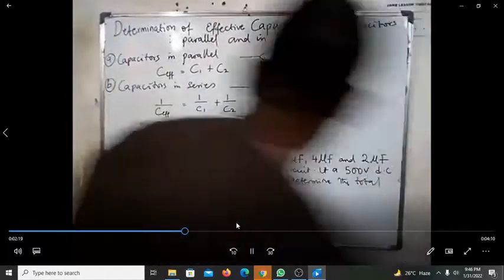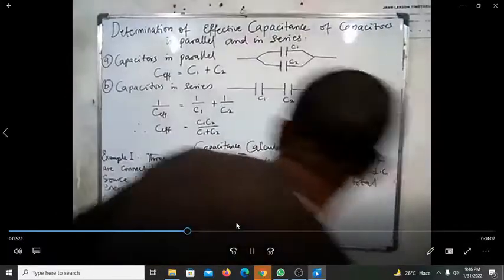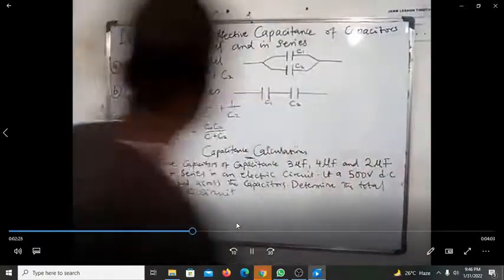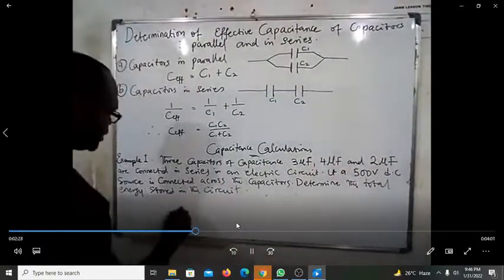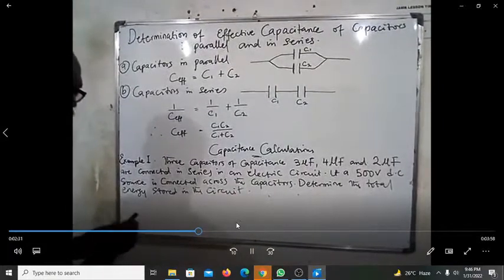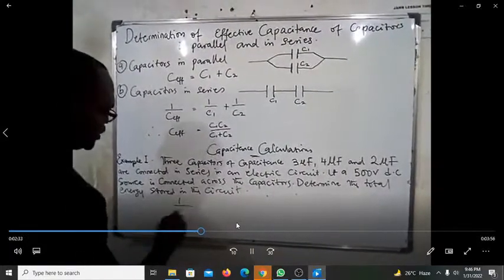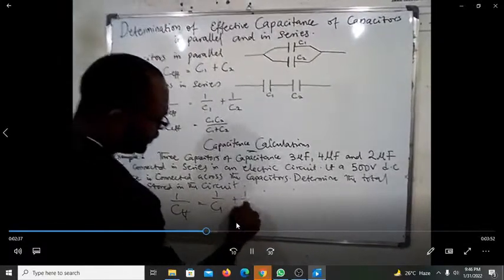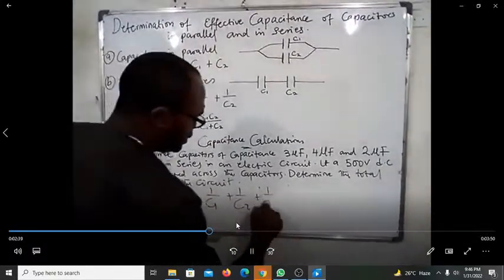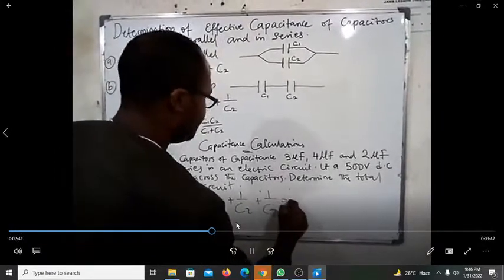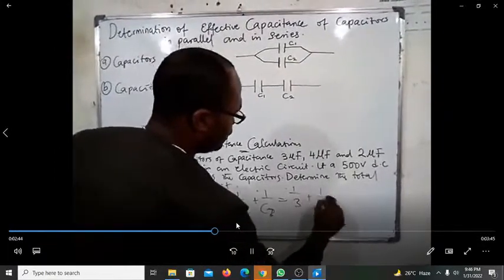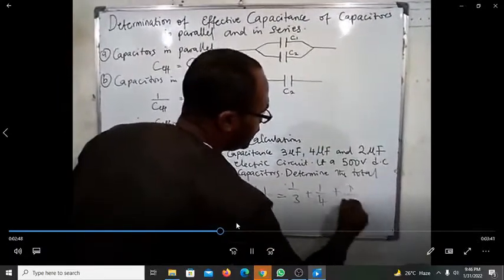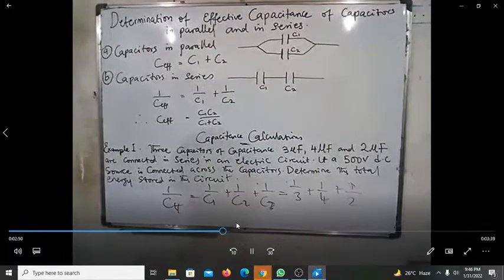Whenever you have a series connection, how do you solve the calculation? You're going to have that the effective capacitance is given by 1 over C effective equals 1 over C1 plus 1 over C2 plus 1 over C3, which is simply equal to 1 over 3 plus 1 over 4 plus 1 over 2. So that's how you calculate the effective capacitance.